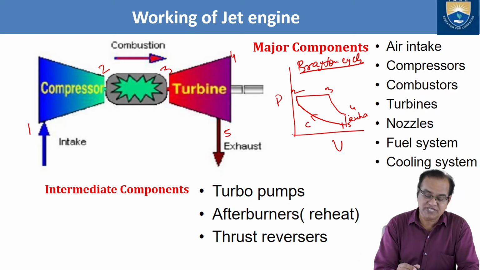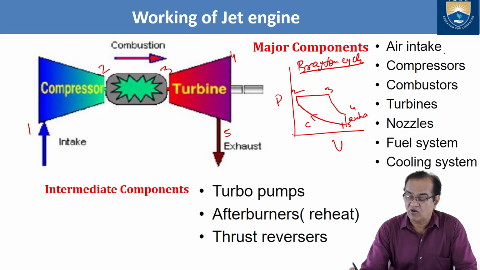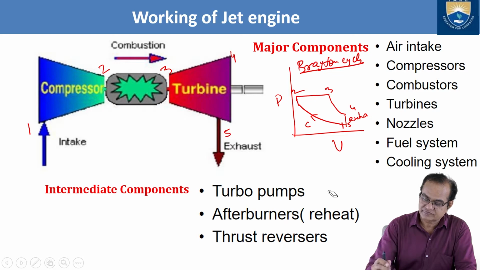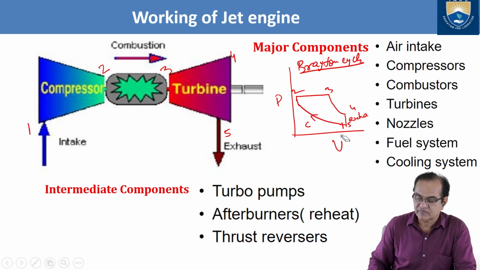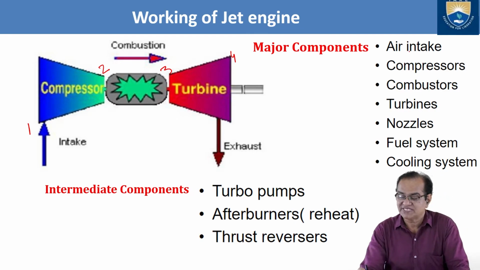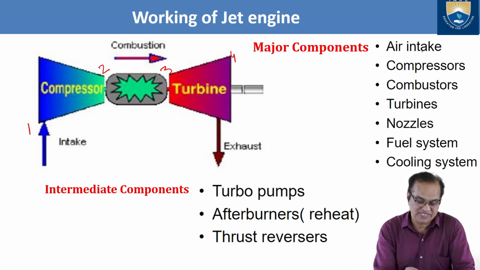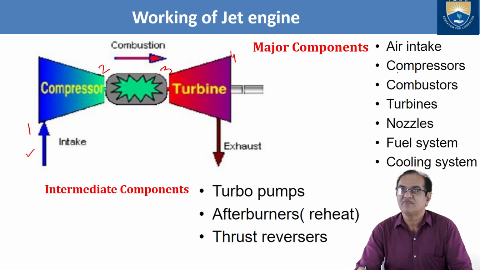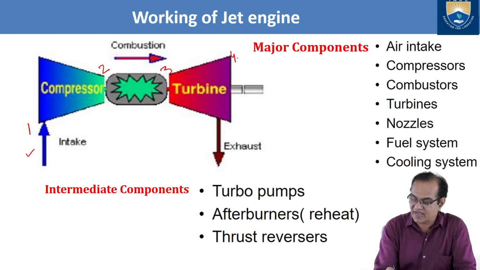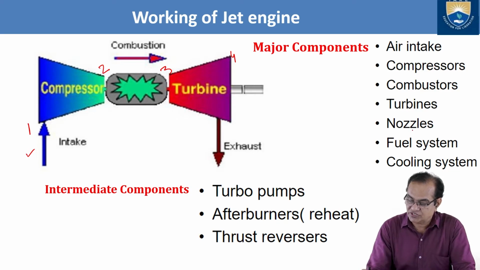So here we have seen that we need an intake. What are the components we need? The main components are, first, the air intake, which you can see here. Then we should have the compressor, then the combustor, then the turbine, and after the turbine we should have the nozzles.